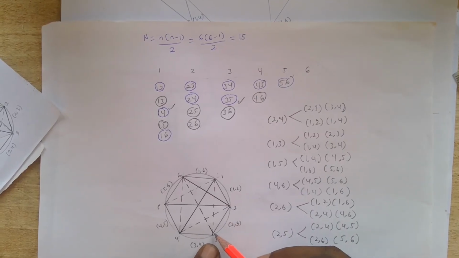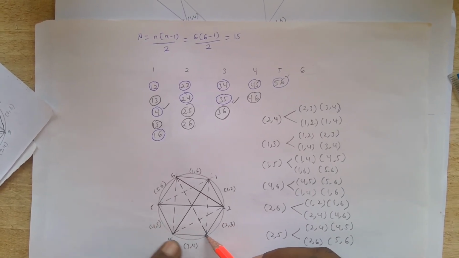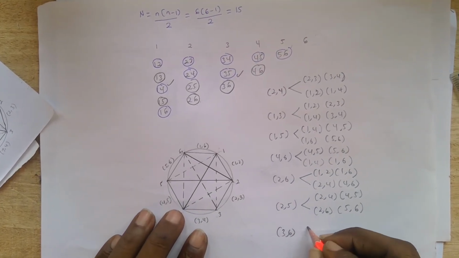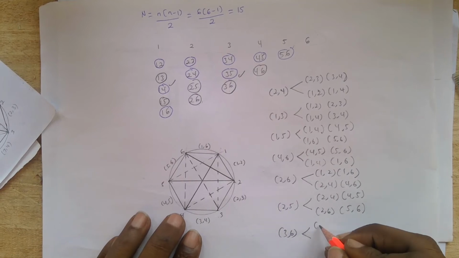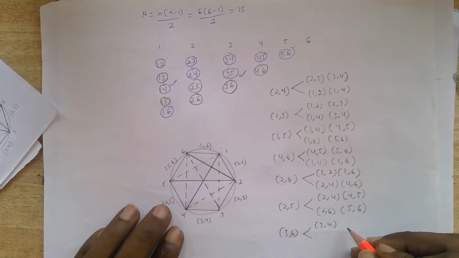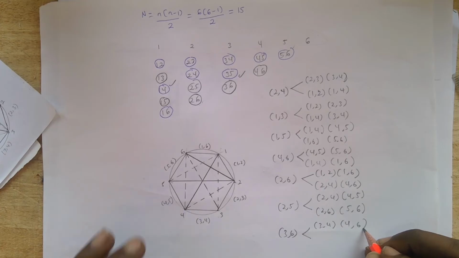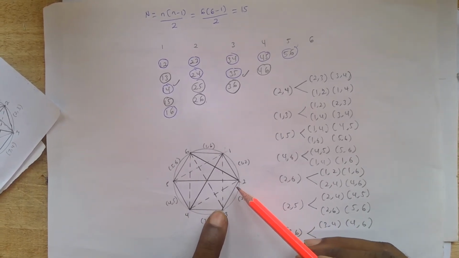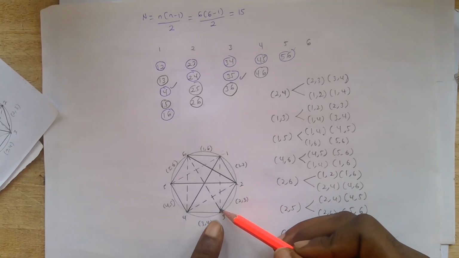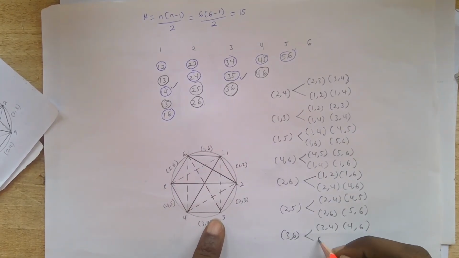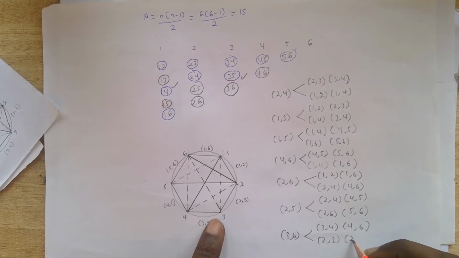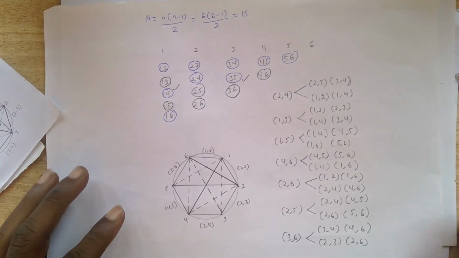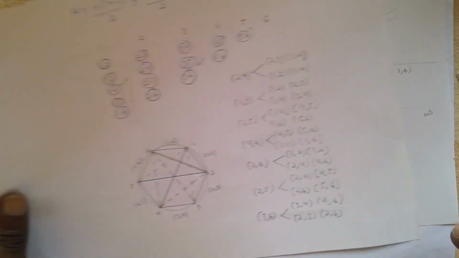I'm going to have 3-4, 4-6, and I'm going to have 2-3, 2-6. So I have 2-3, 2-6. Let's take note of this.